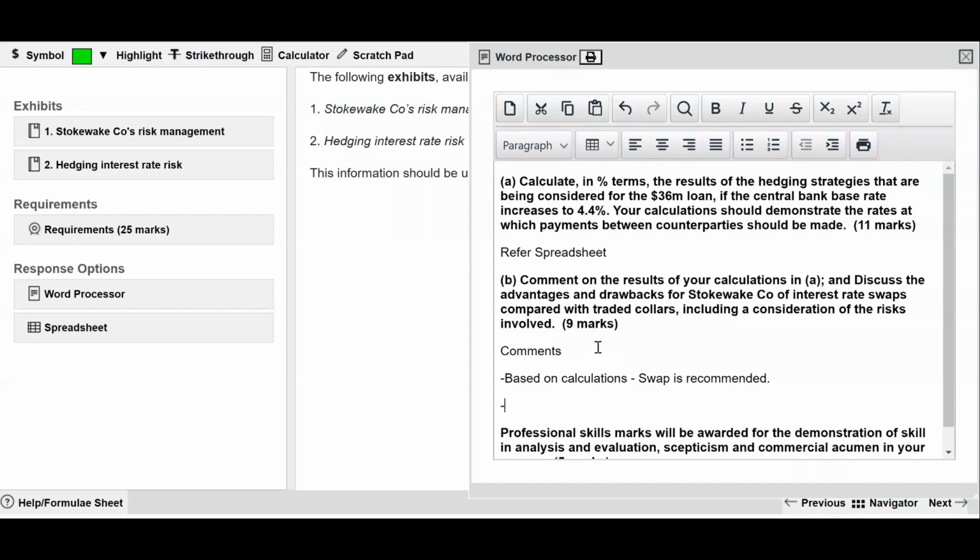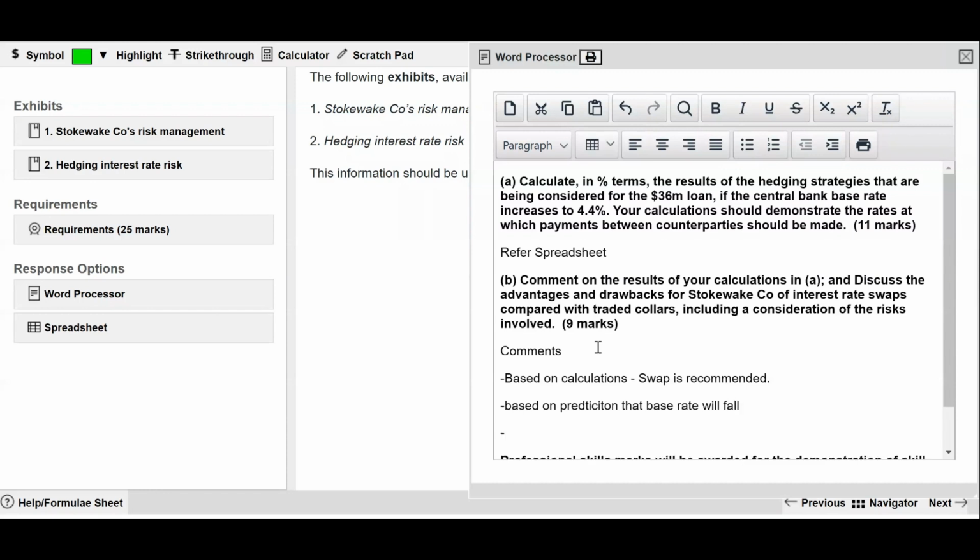As far as the exam is required, this is based on the prediction that the base rate will fall. Suppose the prediction is wrong, the collar may give better results if the base rate falls.